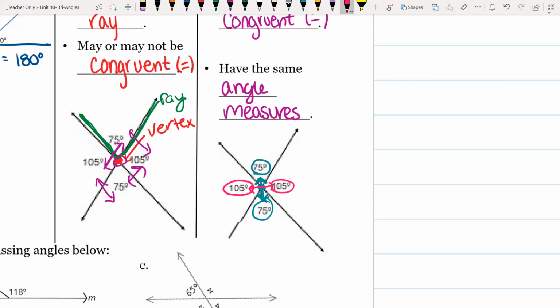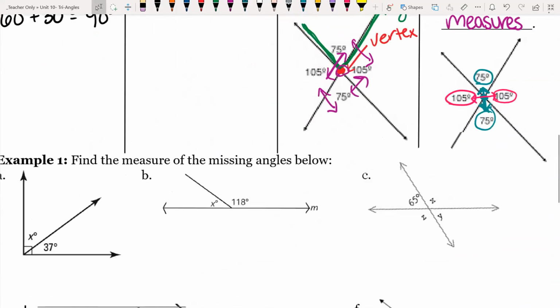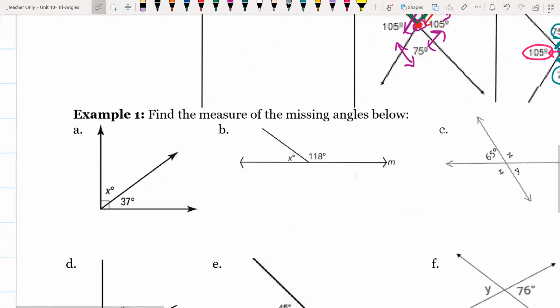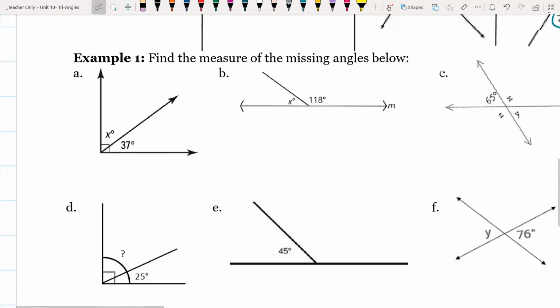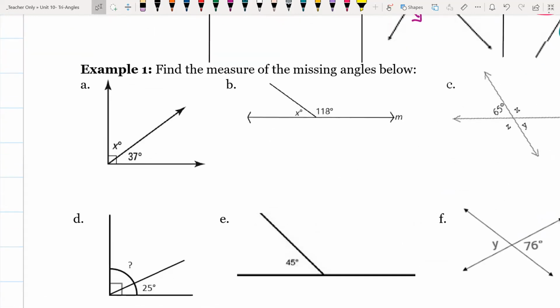Okay, so we are going to look and try to find the measure of the missing angle below. So looking at A, we have to figure out what type of angle this is, right? So it's a right angle, which if it's a right angle, it tells me it's complementary and that it adds up to 90 degrees.